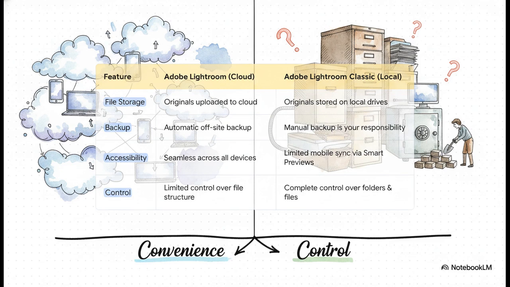With Lightroom, the cloud one, your original photos get backed up to the cloud automatically. It's awesome. You can edit from your phone, your tablet, your laptop, and it all just works. But with Classic, you're the boss of your own files and your own backups. But in return, you get total control over your folder structure. So the choice really comes down to this: what do you value more, convenience or control?